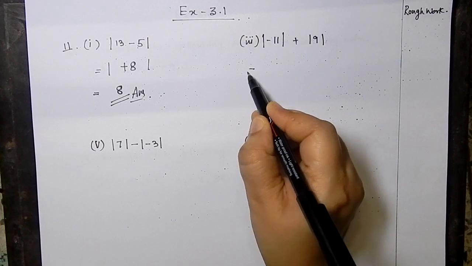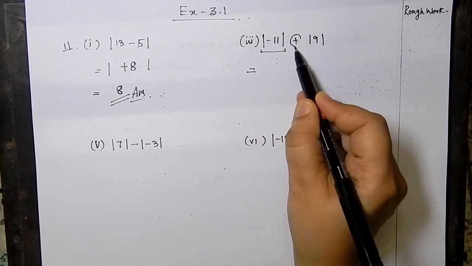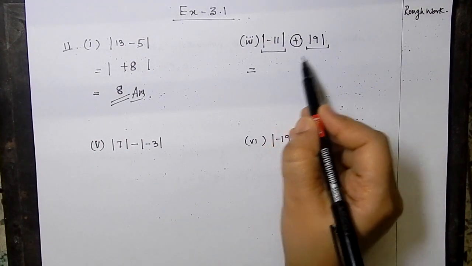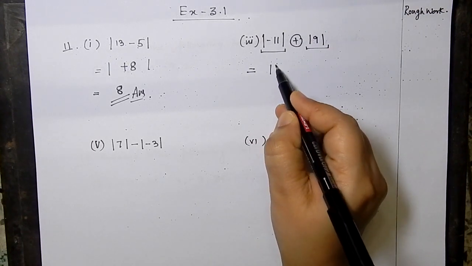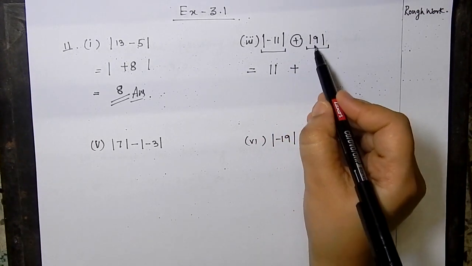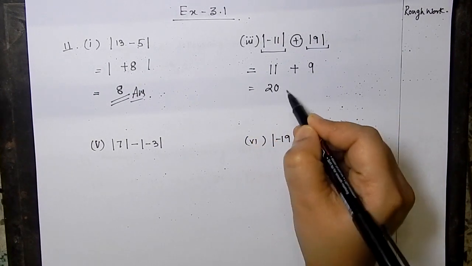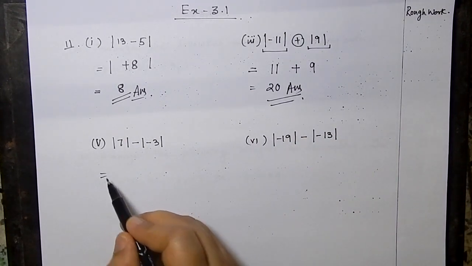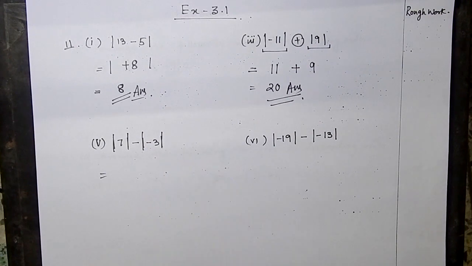Here also we are not going to give any sign. Let's come to 11 subpart 3. Now here the operation is outside the absolute values. So first we are going to find out the absolute value, then add them. Absolute value of minus 11 will be only 11, plus absolute value of plus 9 will be only 9, which is equals to 20. Now this is the absolute value of 7, this is the absolute value of minus 3.